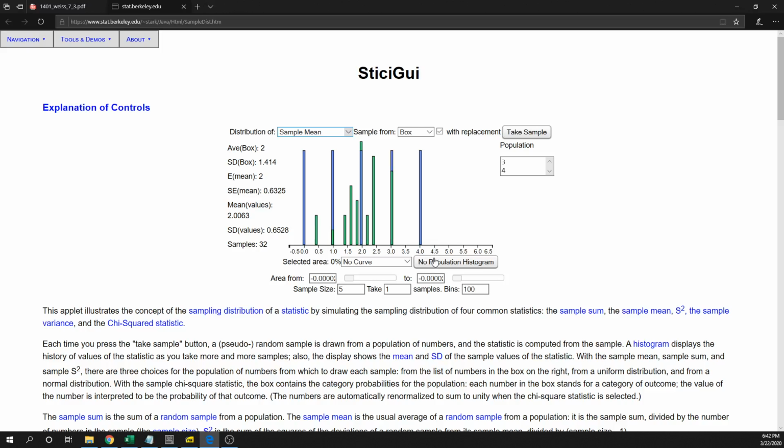So if we keep doing this enough, taking these samples, all right, I am going to skip ahead and now take 100 samples at a time.